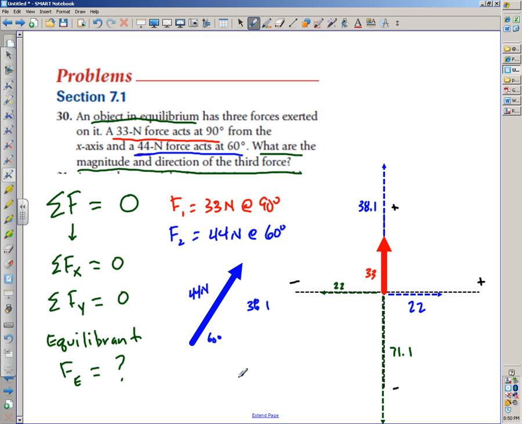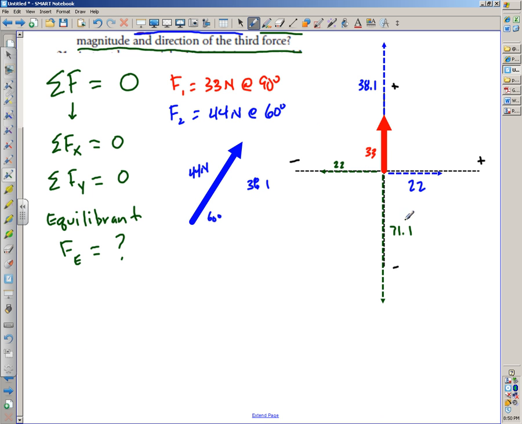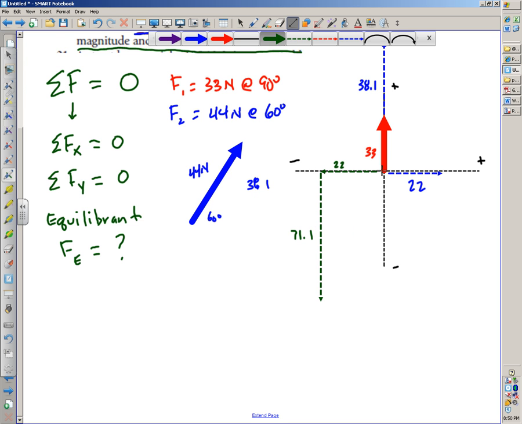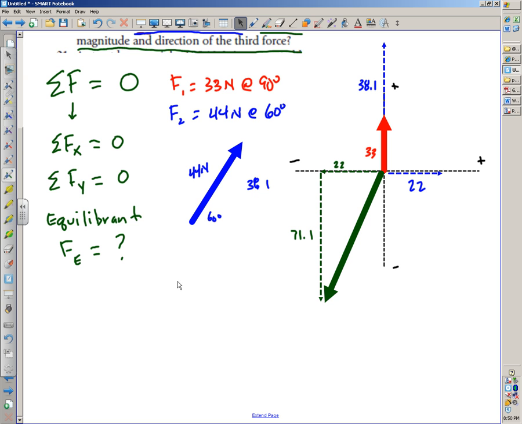Alright, so we said that now those two green vectors become the components of the equilibrant force, the one that we need to produce equilibrium. This one being the resultant of those two vectors. We find the magnitude of the resultant using the Pythagorean theorem.